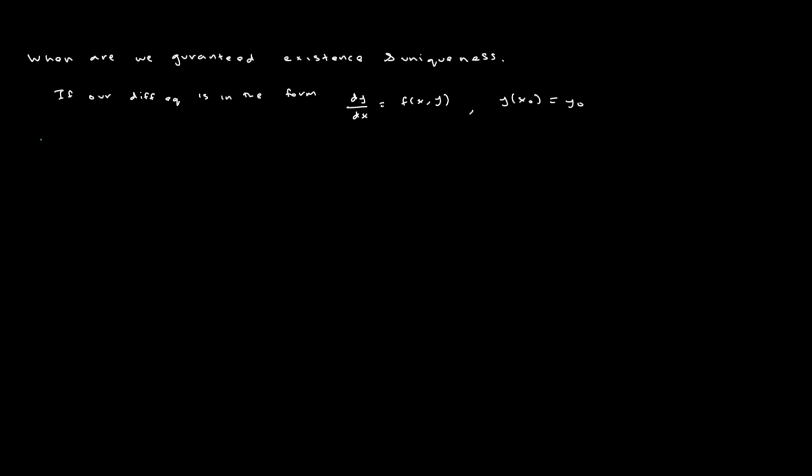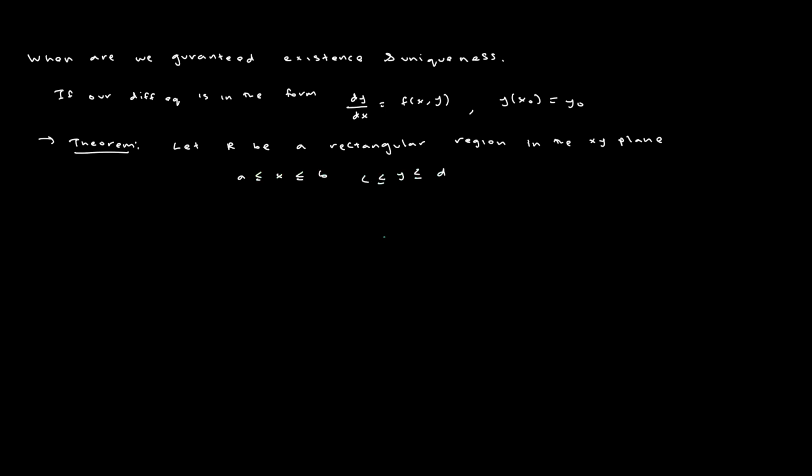Then we have a theorem, and the theorem says: let R be a rectangular region in the xy plane, where a < x < b and c < y < d, containing (x0, y0), so just containing our initial point.